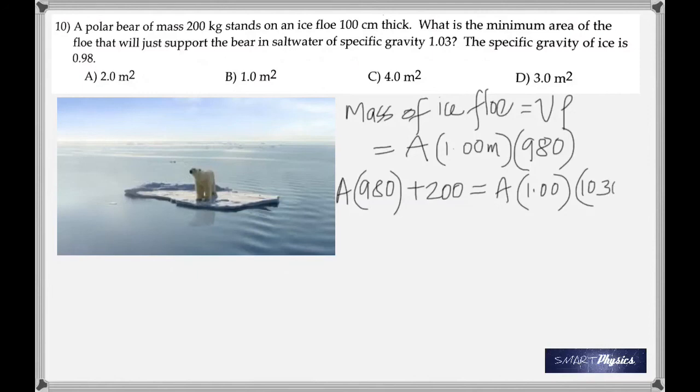And so when the bear is on top of that, the total mass would be the mass of the ice floe plus that of the bear. So the total mass of the floating object is equal to the mass of fluid displaced. That is the volume of fluid displaced times the density.